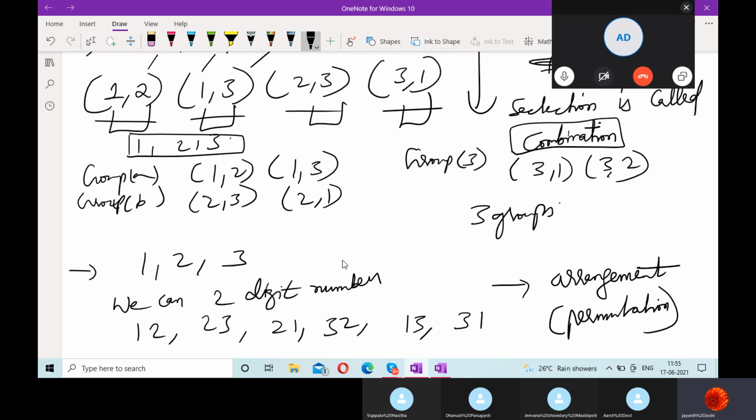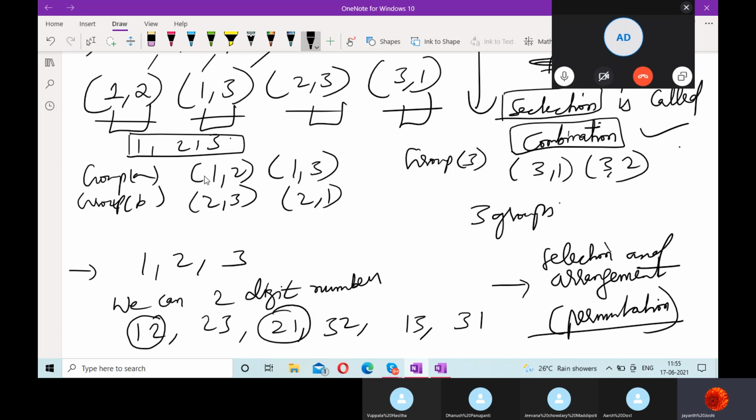So now please write down these 2 points. Selection and arrangement is permutation. Just selection is combination. Here you are selecting the numbers and arranging them. You are arranging one time as 12 and another time you are reversing it and making it 21.